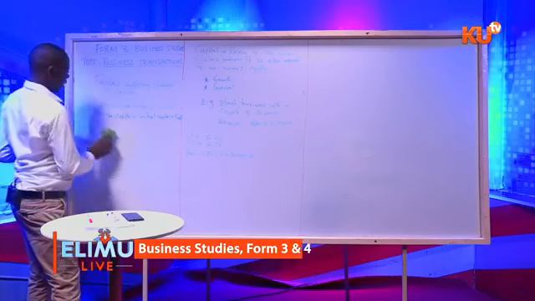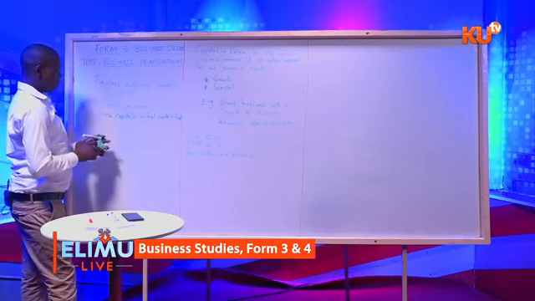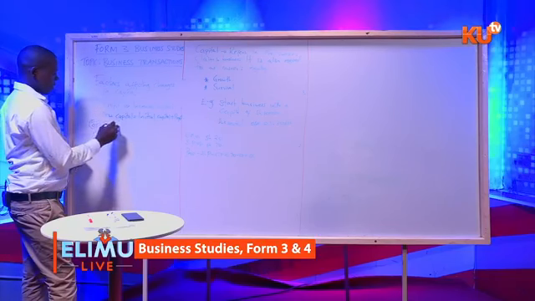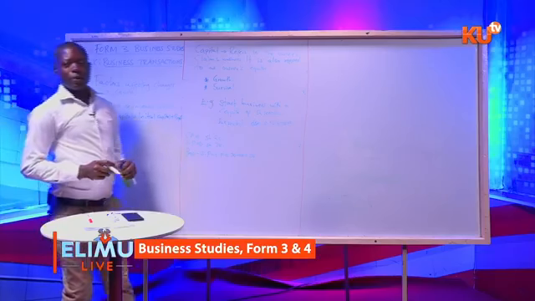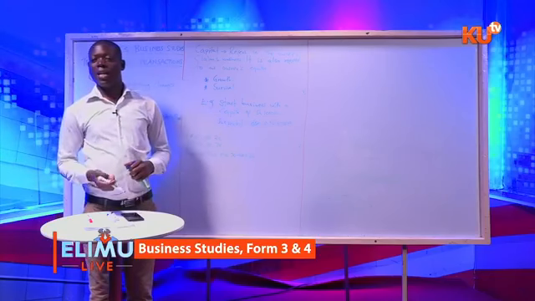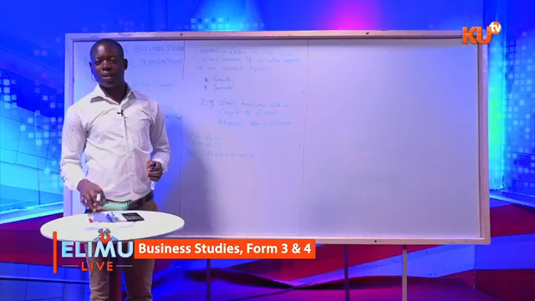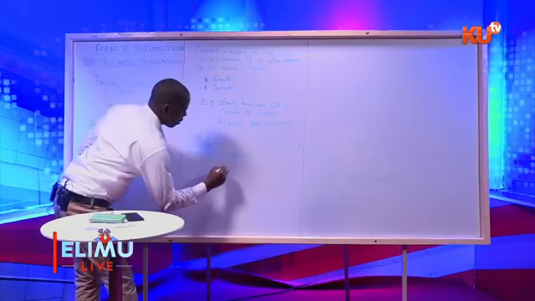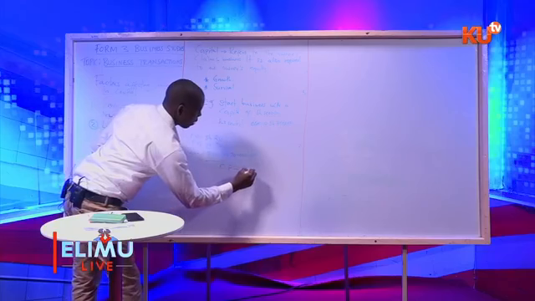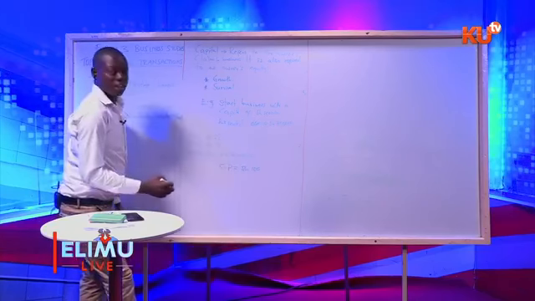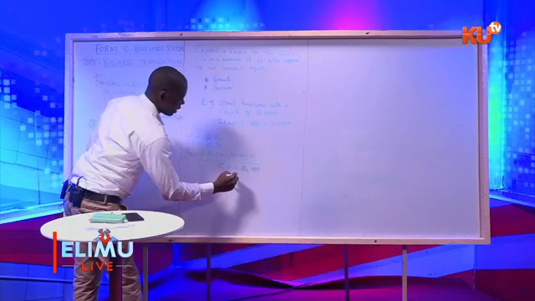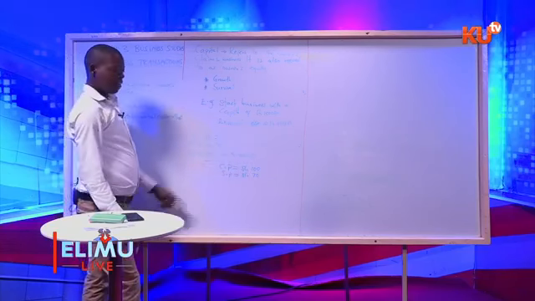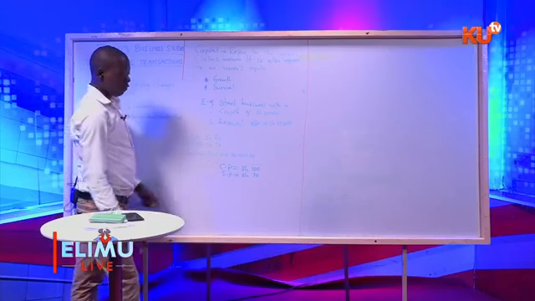Good. Where there are profits, then there is also a possibility for the losses. Number 2, losses. Losses happen when we sell less than the cost price. So if the cost price was 100, and we sell, let's say 70, then there is a negative difference of 30.